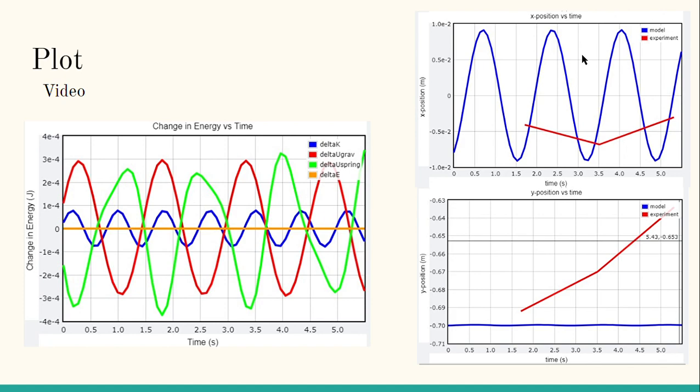This is in blue, and the red one is the change in gravitational potential energy. The green one is the change in spring potential energy, and the orange one is the total change in energy. And we can see that it remains constant, which is 0.